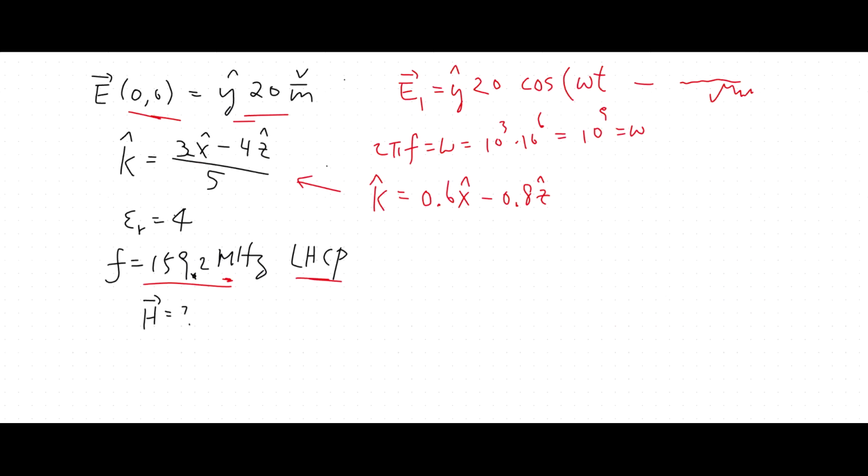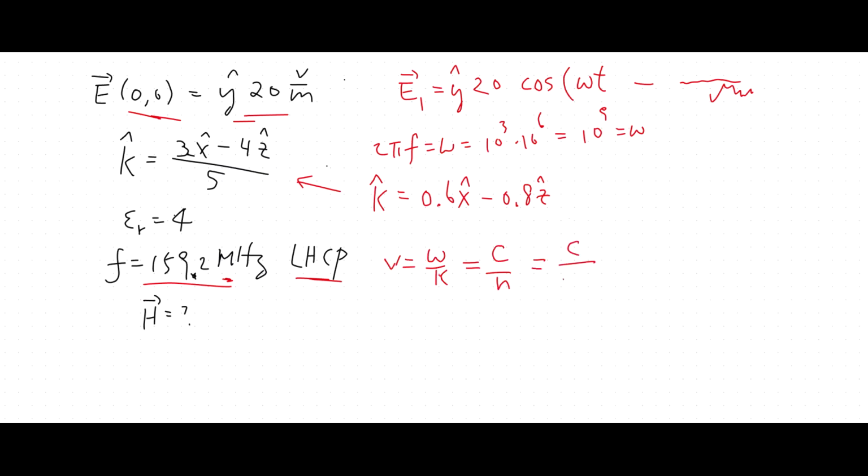We look at the velocity. So the velocity is omega over k, right? We know omega. What is velocity? Velocity is c over n. What is n? Index of refraction. What is index of refraction? Square root of the dielectric constant.